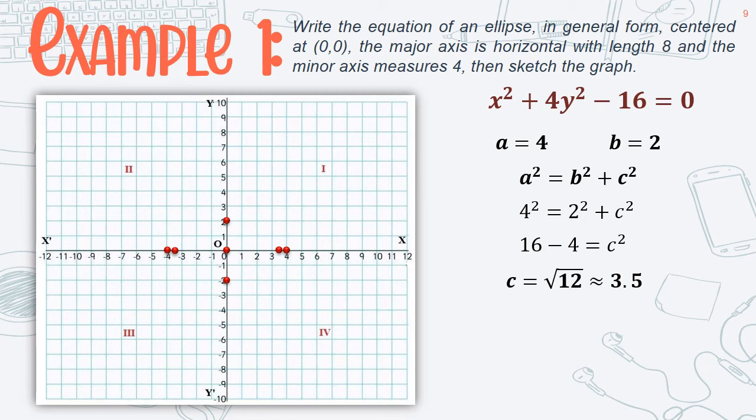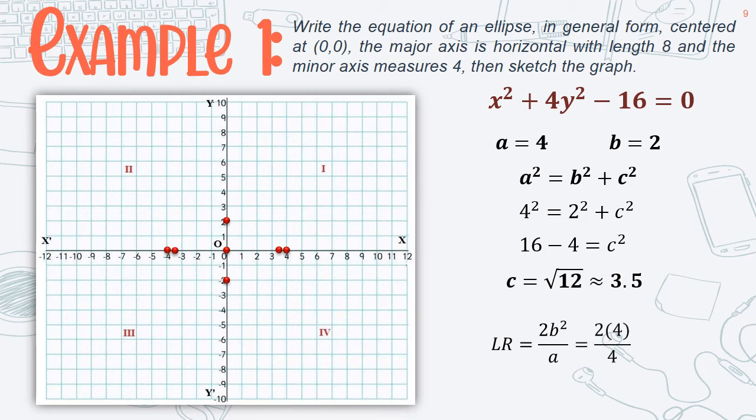Now again, our latus rectum will pass through our foci. So to get the length of our latus rectum, we're going to use the formula 2b squared all over a. Again, b squared is 4.